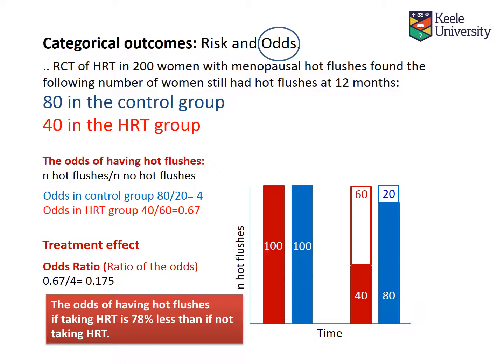What that means, the odds of having hot flushes if you were taking HRT is 82% less than if you were not taking HRT. And the percentage is coming from the remainder of the 100% of 0.175, or rounded to 0.18.